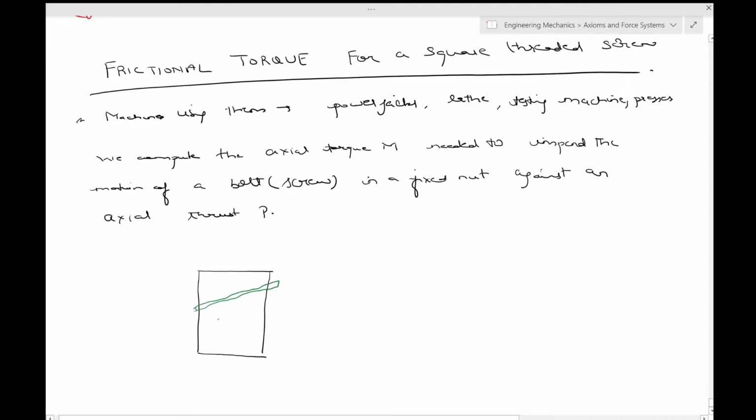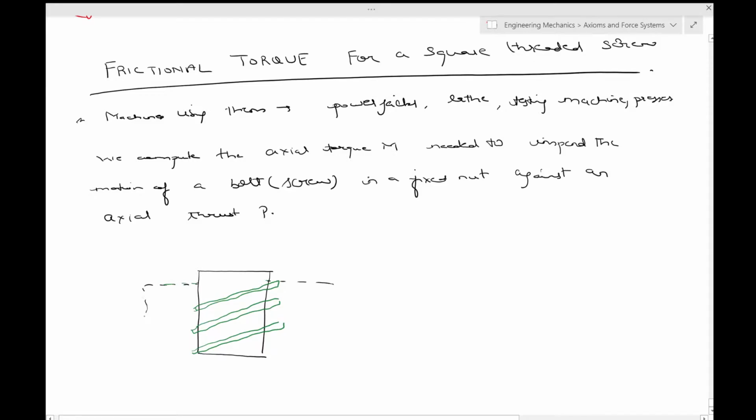One thread, second thread, third thread. So these are the three threads I have drawn of the bolt, and then clearly you have this nut.